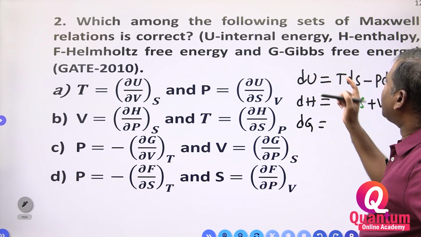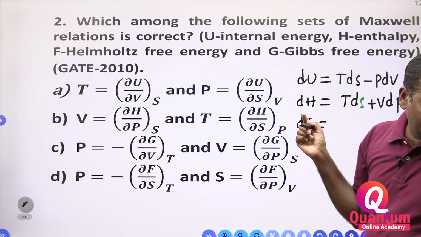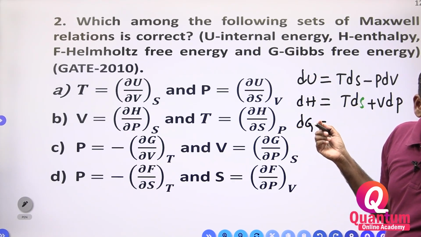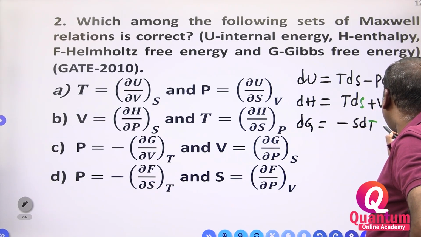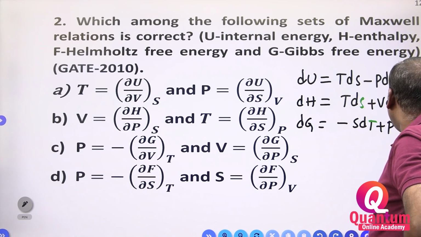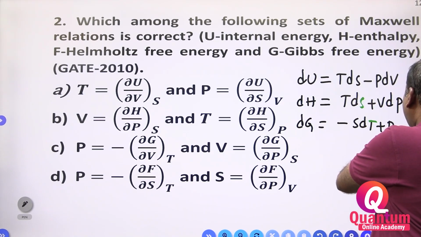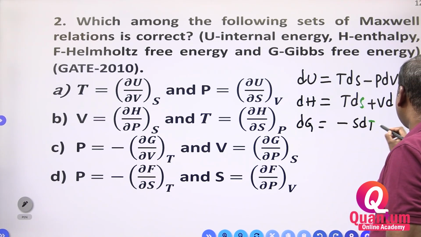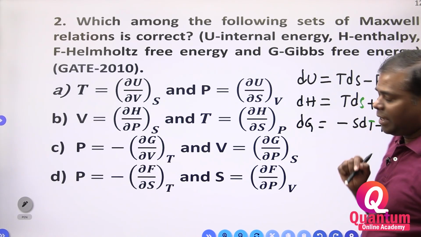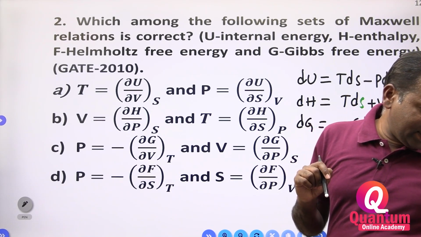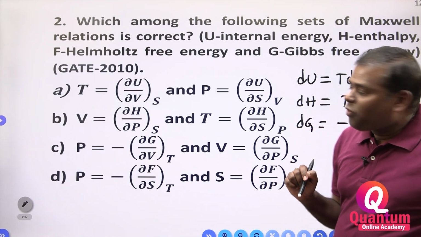Next, the Gibbs free energy. What is the Gibbs free energy? dG is equal to minus SdT plus VdP.